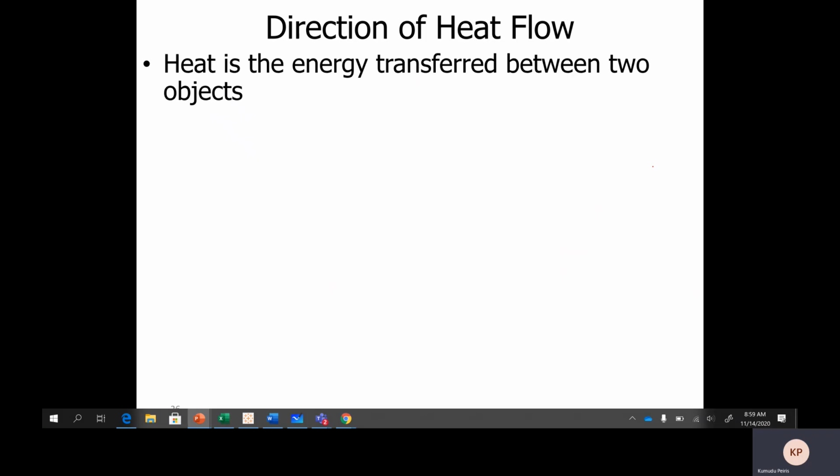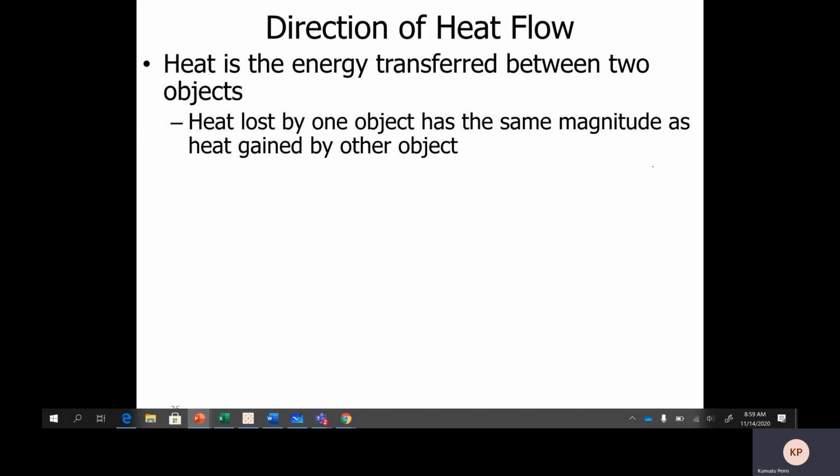Heat is an energy which is transferred between two objects, and heat will be lost by one object, and that amount of heat lost will be equal to the heat gained by another object. So, one object is losing the heat energy and the other object is receiving that heat energy.